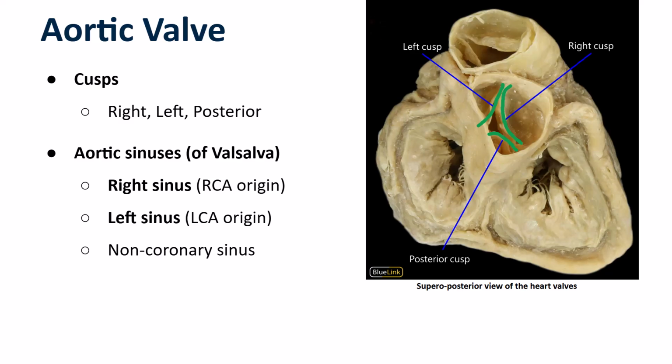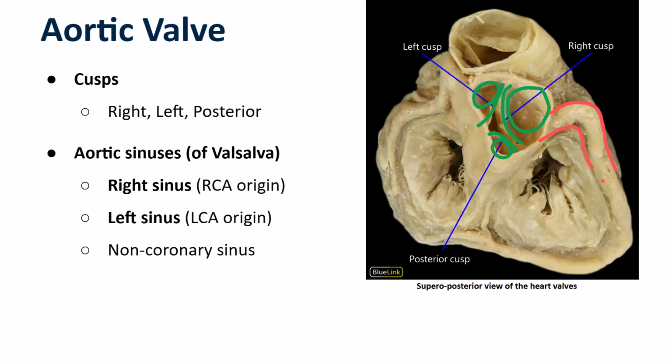And beyond these cusps, we have spaces. So we have a right aortic sinus, a left aortic sinus, and a non-coronary sinus. Sometimes we call these the sinuses of Valsalva, is the eponym. The reason why they're significant, we can see here, is that we have coronary arteries arising from them.